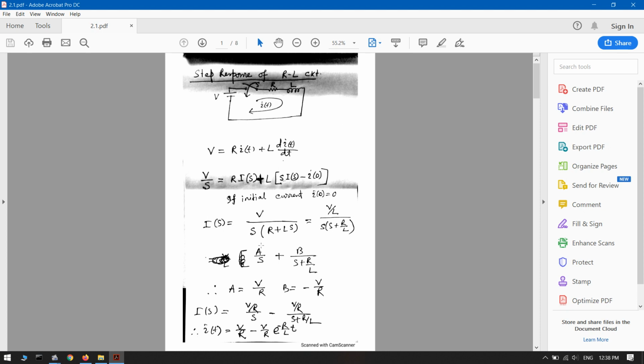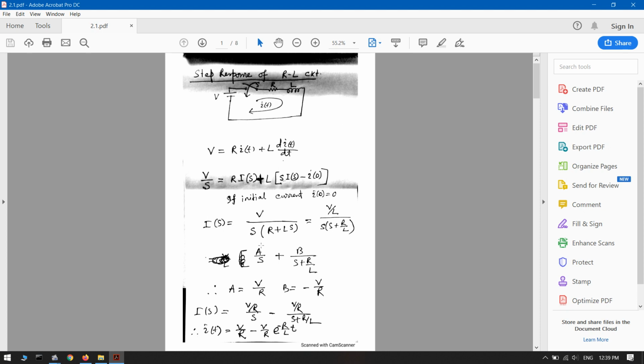For this case, we are assuming that the switch was open for a long time and it was closed at t equal to 0. That means we are assuming the initial current is 0 for this specific case. But in some problems you may find that some initial currents or some initial voltage may be there.